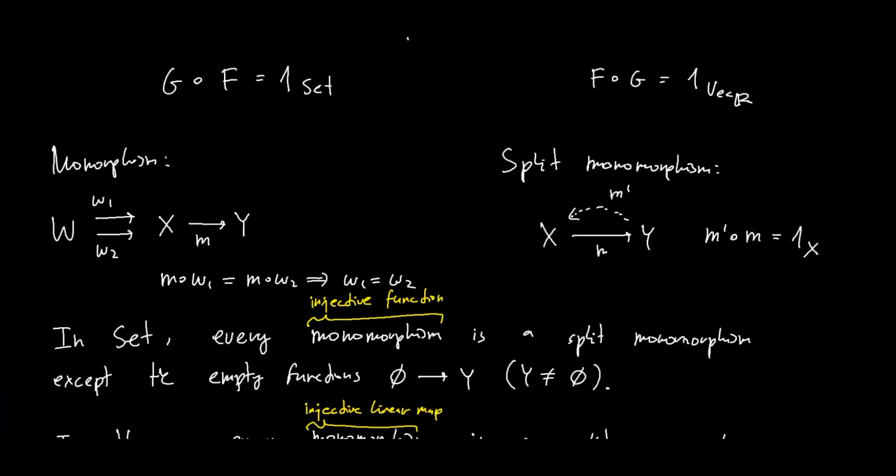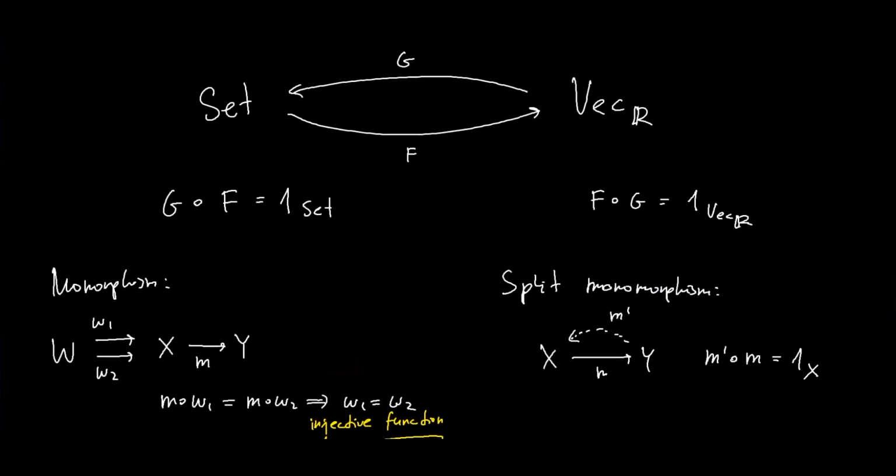Now, both of these notions, as you see, are expressed in the language of objects, morphisms, and composition. And it's not difficult to prove that if you've got an isomorphism of categories, which is what this would have been, so functors going back and forth so that their composites are identity functors on each side, then whatever is a monomorphism here would be exactly what is a monomorphism on the right side. So all monomorphisms will map to monomorphisms.